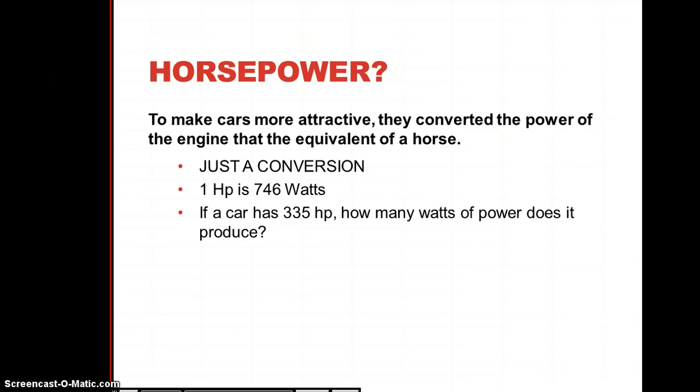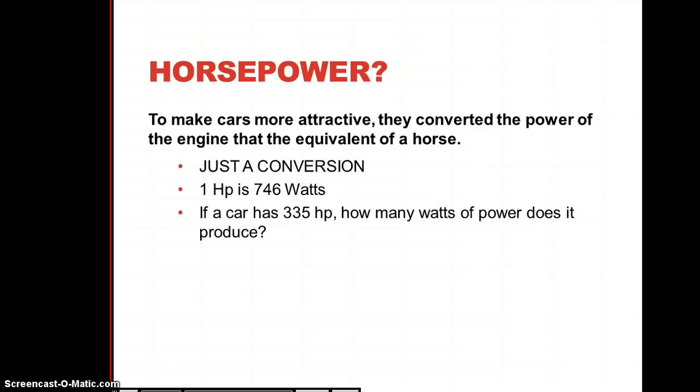Now, a lot of times we hear about power in terms of horsepower, and it's a real thing. Basically, when we went through the Industrial Revolution, we were creating cars after that. People were tentative to buy a car because they knew how powerful their multiple horses were, and they had no idea how a car would compare.